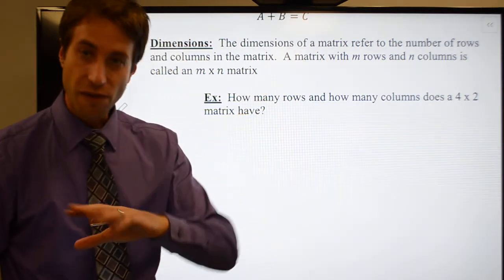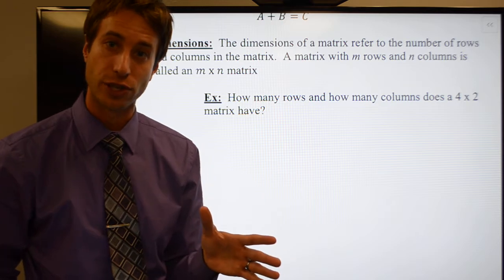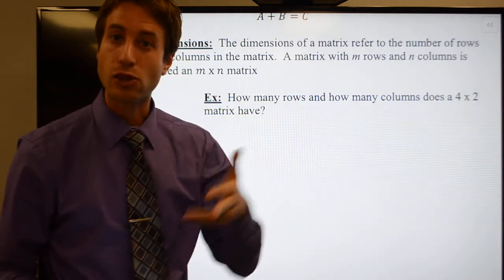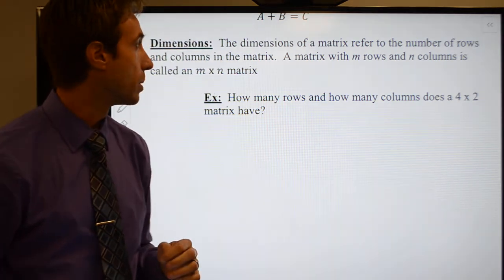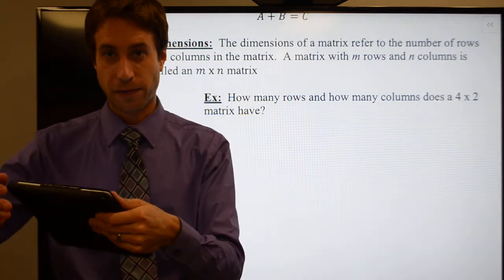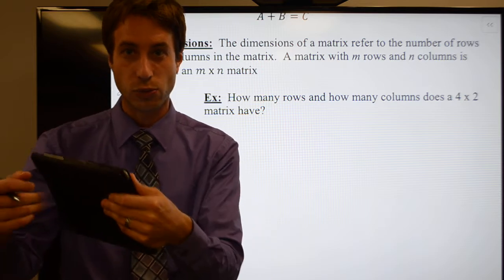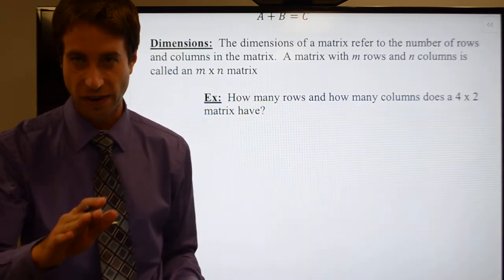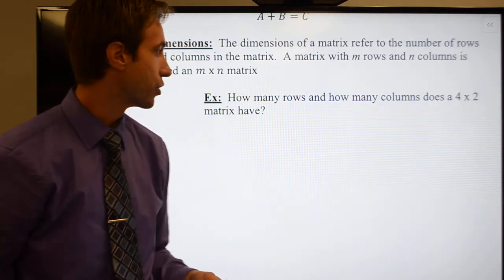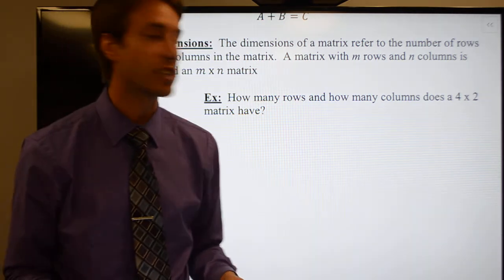Now, for abbreviating dimensions, M is always going to be rows, N is always going to be the columns. M first, then N. M is rows, N is columns. Rows, then columns. Very, very important. Please make sure that you remember that. So here's what we're asking you to do.